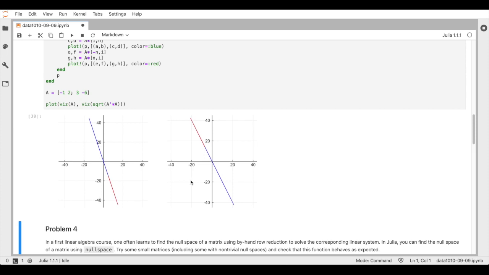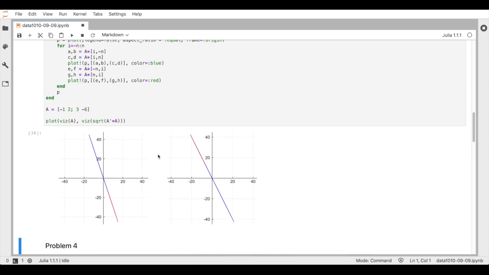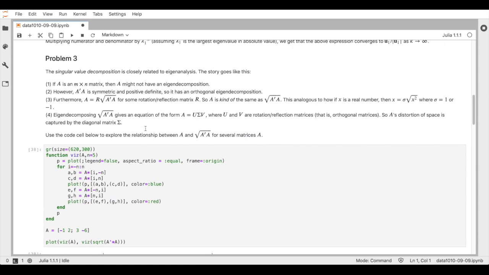So let's take a look at the singular value decomposition, the way it works out.